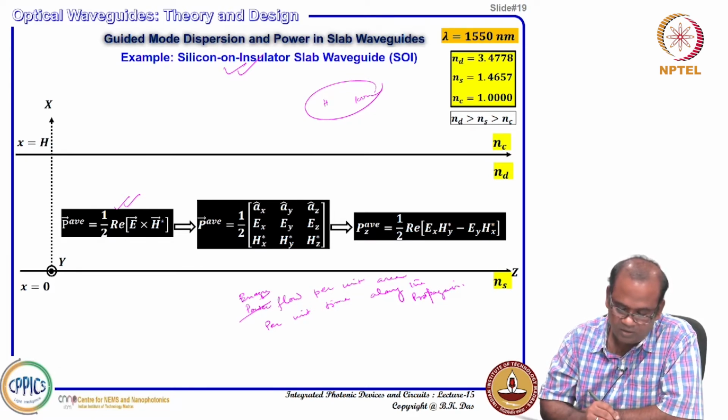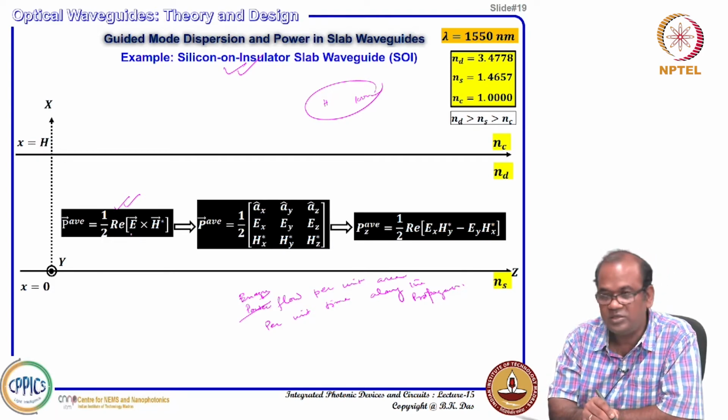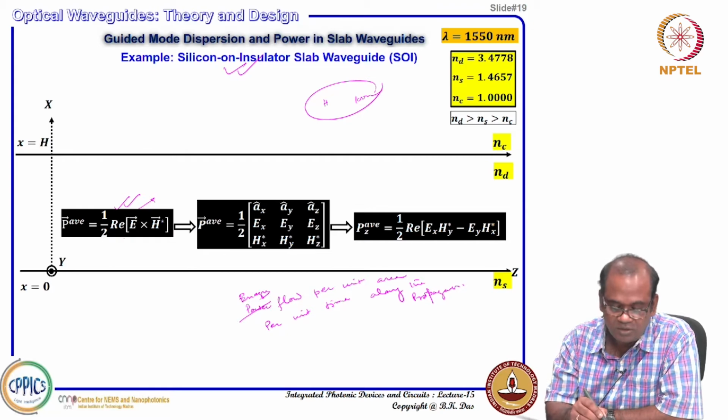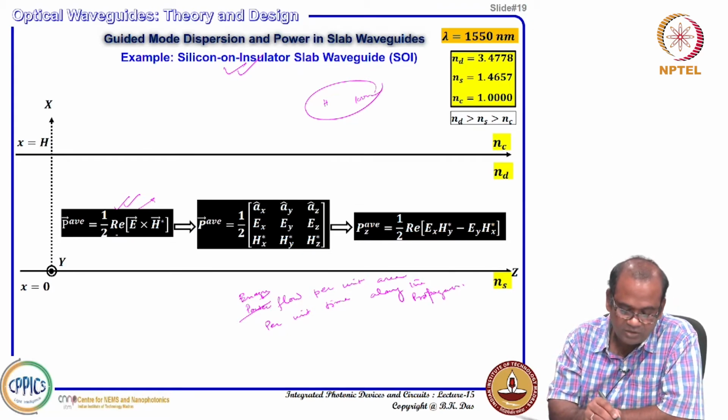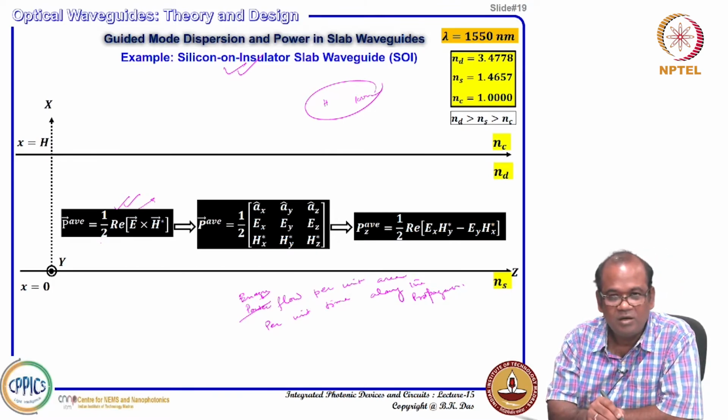That is actually the Poynting vector. Normally, along the propagation direction, if it is a transverse mode, it is E cross H. We have discussed earlier that if you are using complex E and H, then to take the time average you have to take E cross H star, consider the real part, and multiply by half.